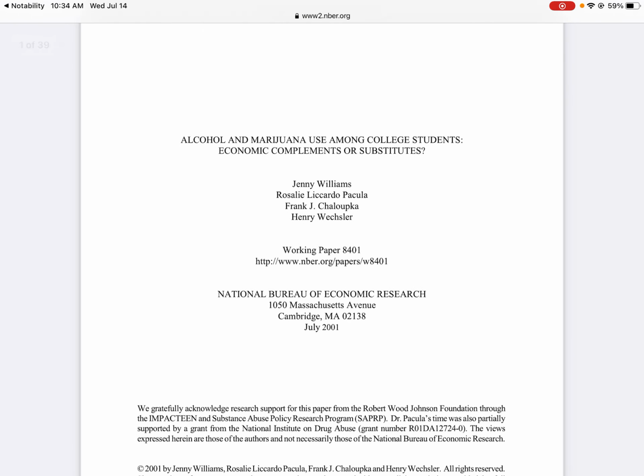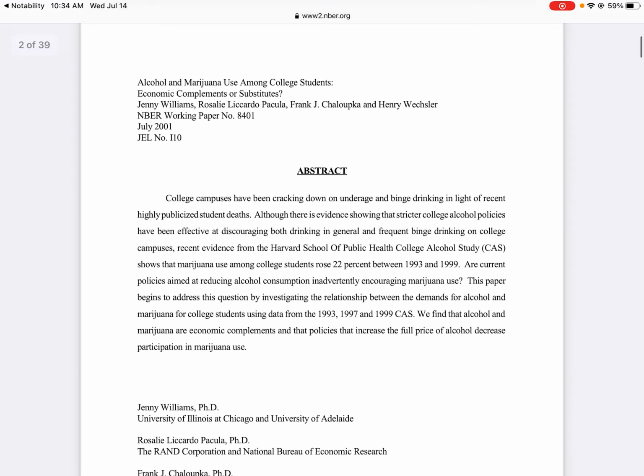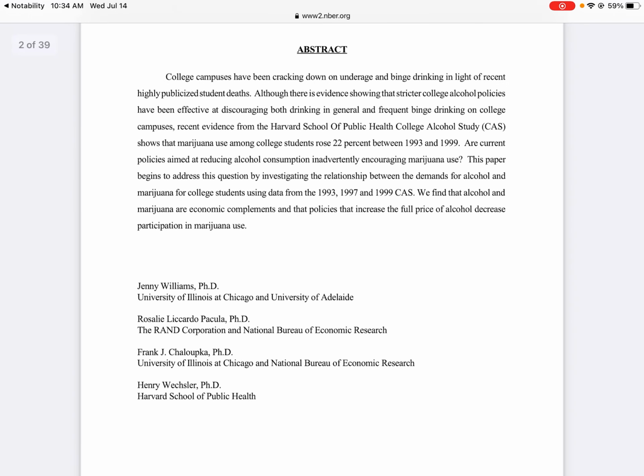These are accomplished economists, and here is the paper, Alcohol and Marijuana Use Among College Students: Economic Complements or Substitutes. They have an extensive paper, and these are the authors: University of Illinois at Chicago, the National Bureau of Economic Research, and Harvard School of Public Health. These are all PhDs.